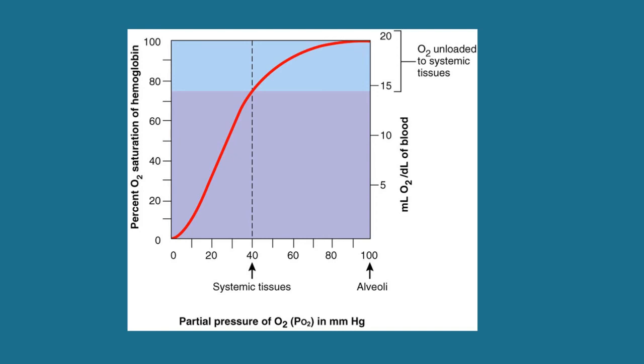Here, the line corresponds to about 75%, so we can safely say that the hemoglobin is 75% saturated. This means 3 out of 4 of the positions in hemoglobin are occupied with oxygen, so the hemoglobin is holding on to 3 of the oxygens.